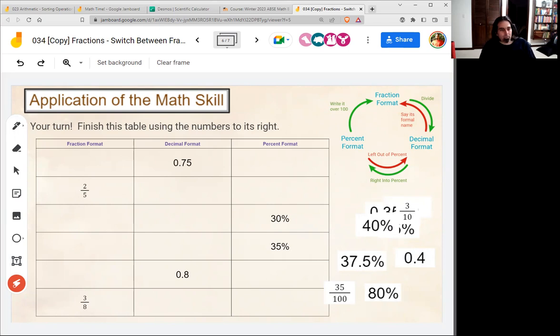You can even jump from percent all the way to fraction just by replacing the percent symbol with over 100.